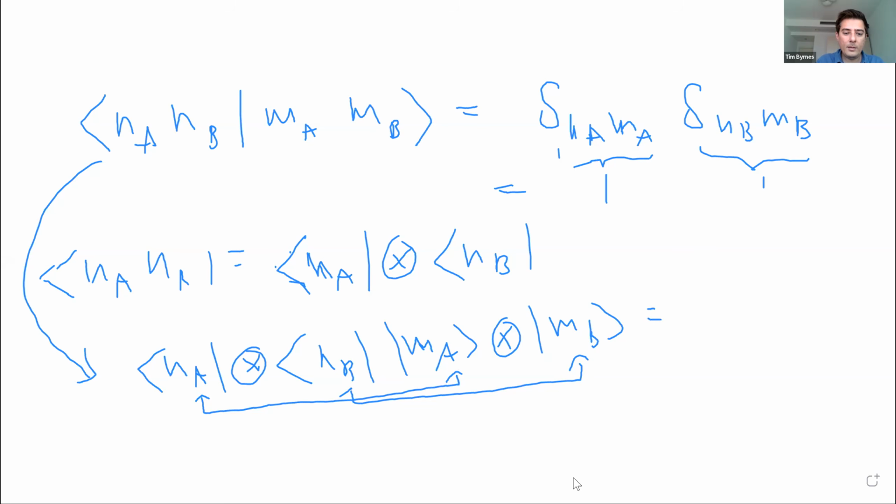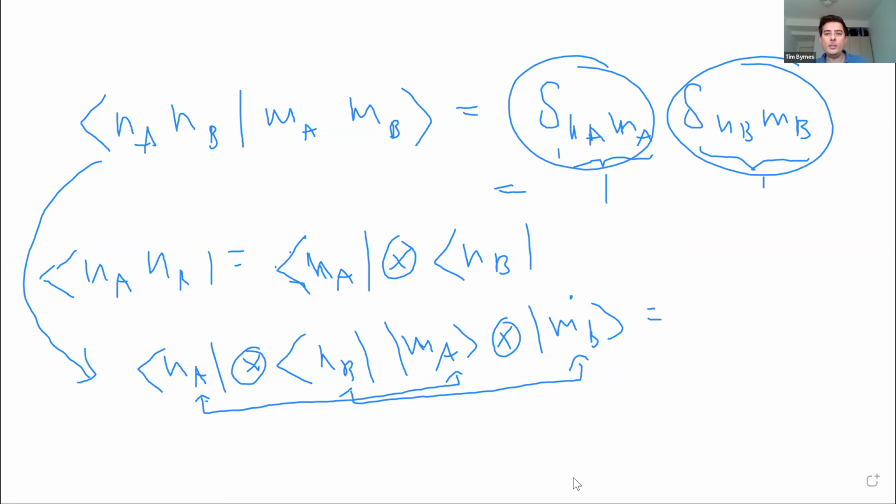This NA with the MA gives this term, and this NB with the MB gives you the second term. So this is only equal to 1 if both of the states are the same. And this generalizes to any number of indices. This is just for 2 indices, but for any number of indices, this is going to be true.